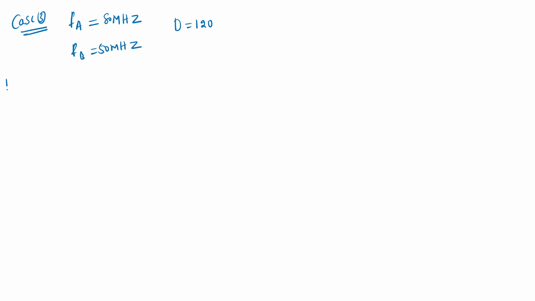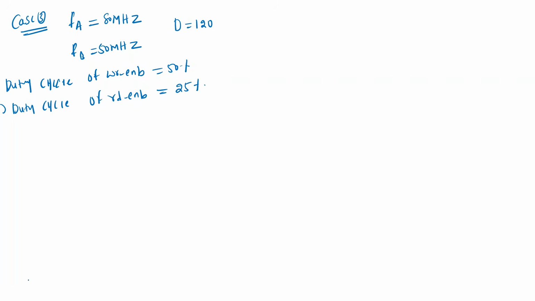They also gave the duty cycle of write enable equal to 50%, and duty cycle of read enable equal to 25%. You know duty cycle. So this is equal to 1 by 2, and this is equal to 1 by 4.